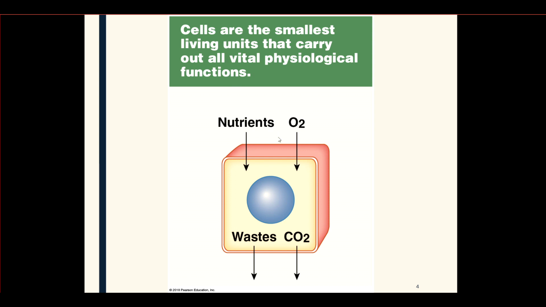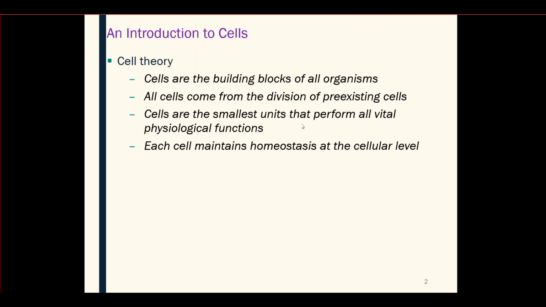For instance, here's a cell bringing in nutrients, maybe glucose, amino acids, fatty acids, things that we studied in previous lessons, and oxygen. Then it goes through metabolism. We can metabolize these nutrients and oxygen, and we can produce as byproducts waste products, carbon dioxide, and maybe even energy like ATP. So the cell can carry out all of these vital functions on its own.